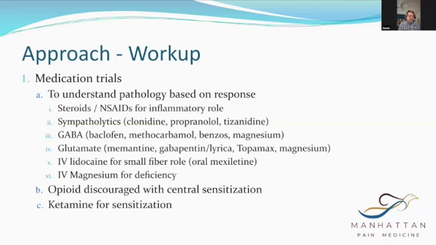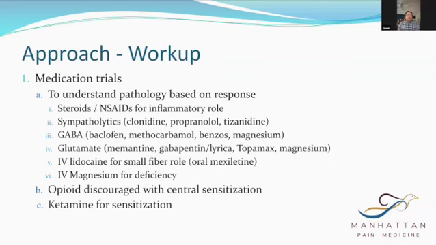So with medications, I'll learn a little bit about what's going on with your body by each medication you try and how you respond to it. Whether it's a side effect or a benefit, I will kind of know which pathway to exclude or which pathway to lean into in terms of neurochemistry.